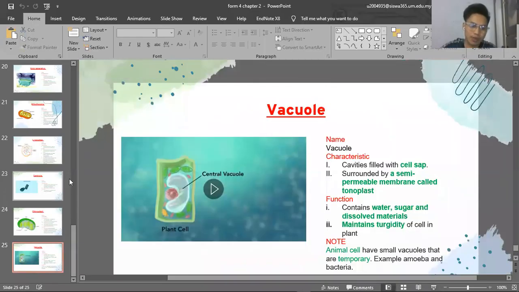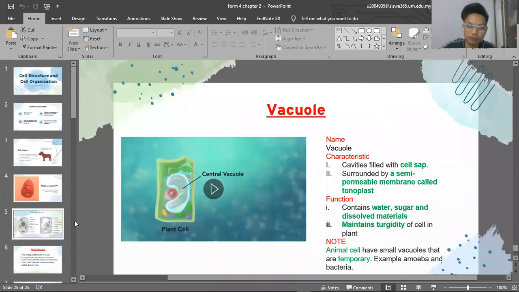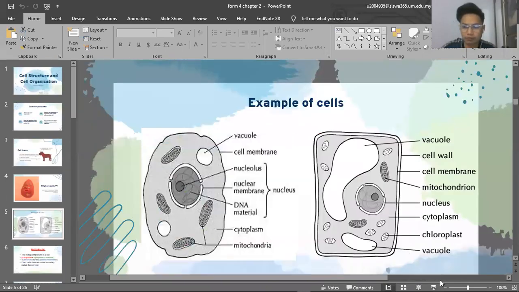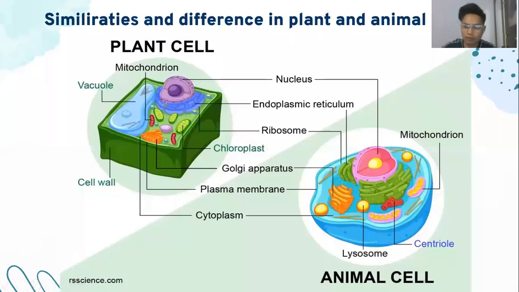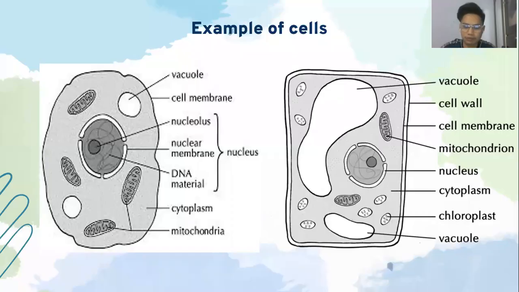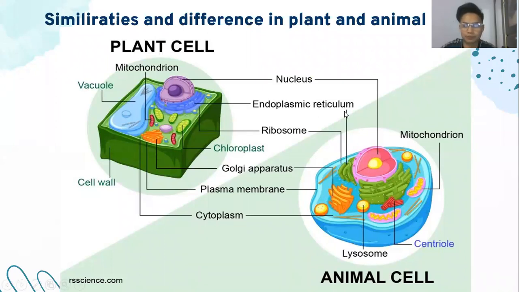So looking back to this picture, if you are in an examination, you can draw this structure. It is acceptable. And we look back at the organelles in plant cells and animal cells. This is the mitochondria.